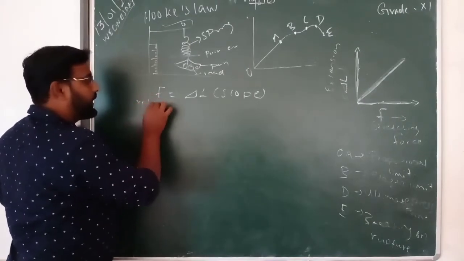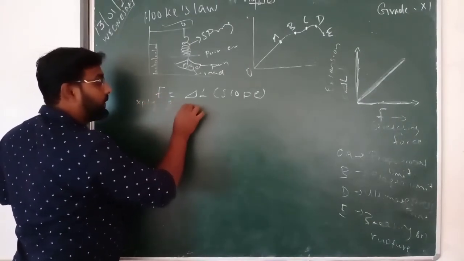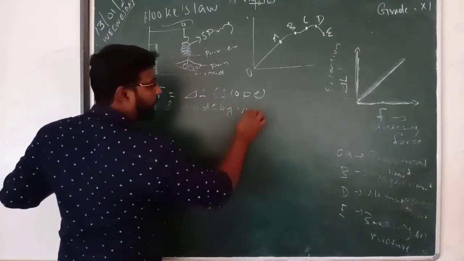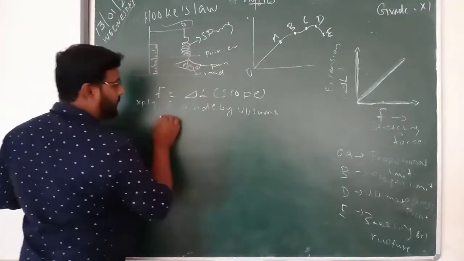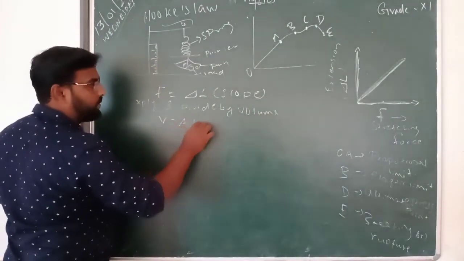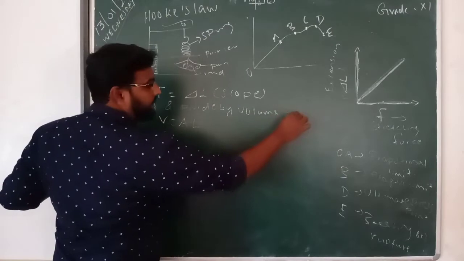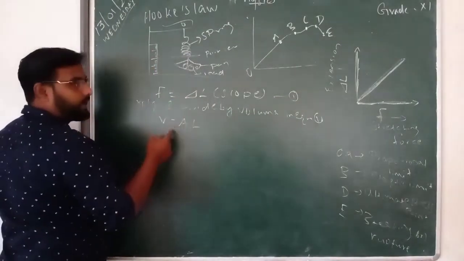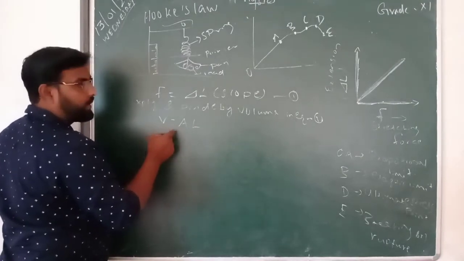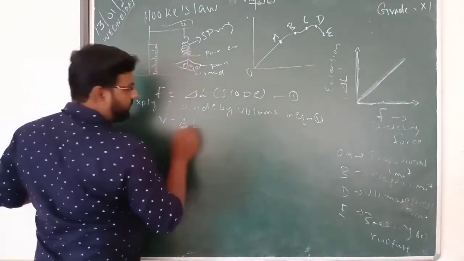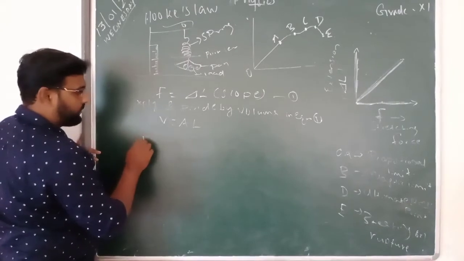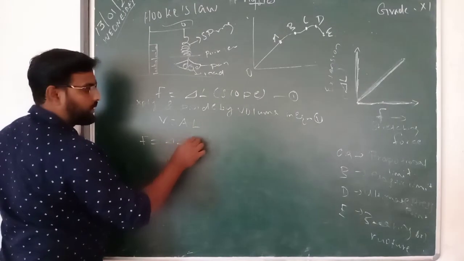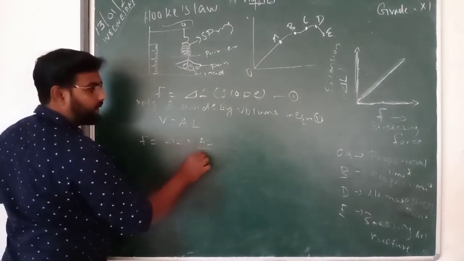Now multiply and divide by volume. We know that volume V is equal to area into length, equation 1. In that equation 1, you multiply and divide by volume, V equal to AL. So F equals delta L into AL divided by AL.